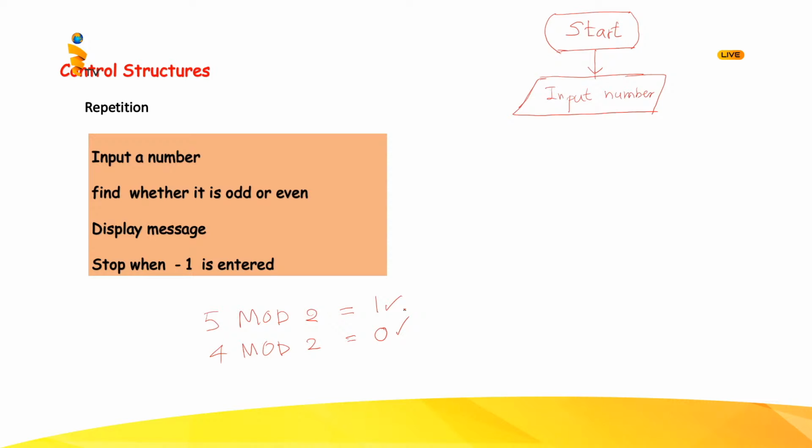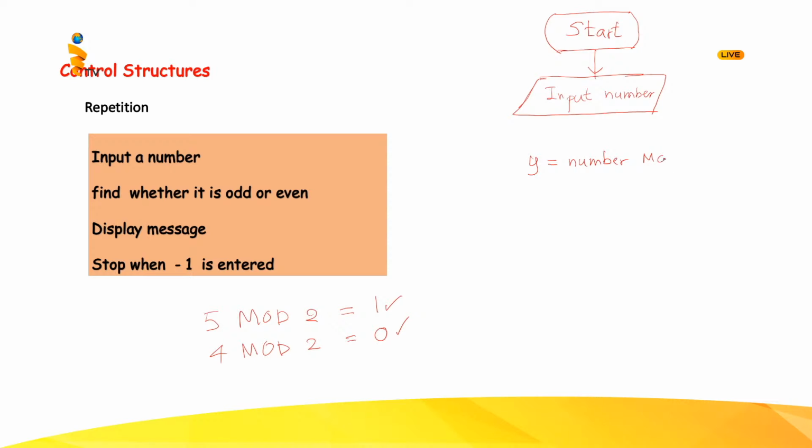So here I can use that to get my answer. Suppose I have my number with me. I am going to find the remaining value by using this function. So I will use another variable, I can use y.